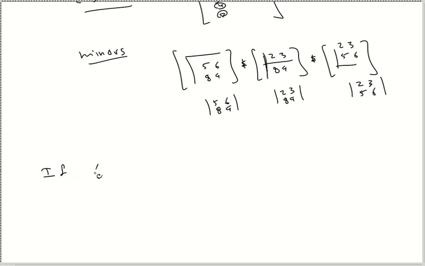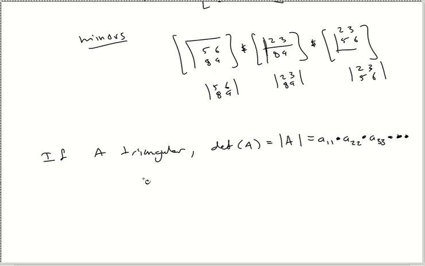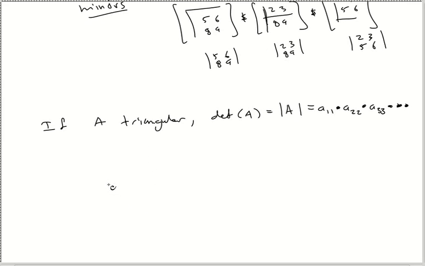If my A matrix is triangular, and I will show you what that means in a second, then the determinant of A is equal to A11 times A22 times A33 times all the way down. It's the product of the diagonals.